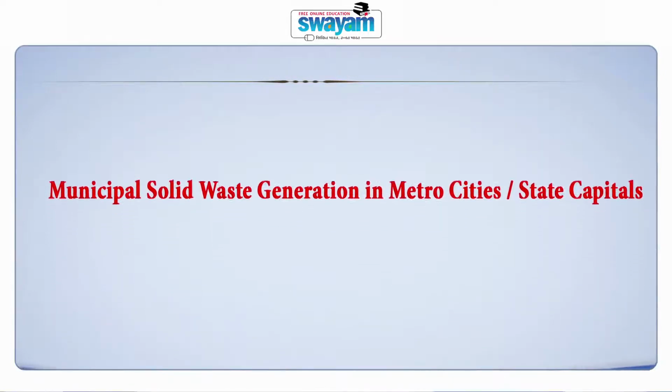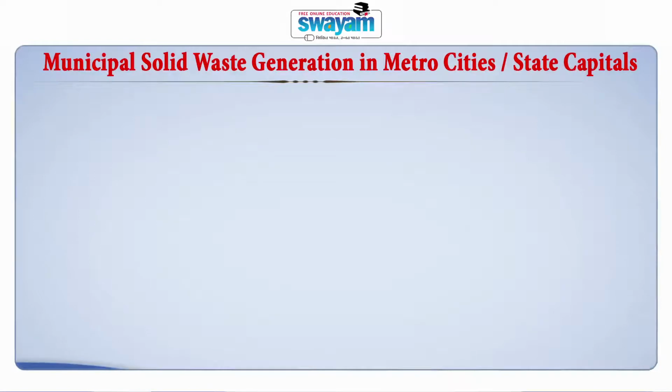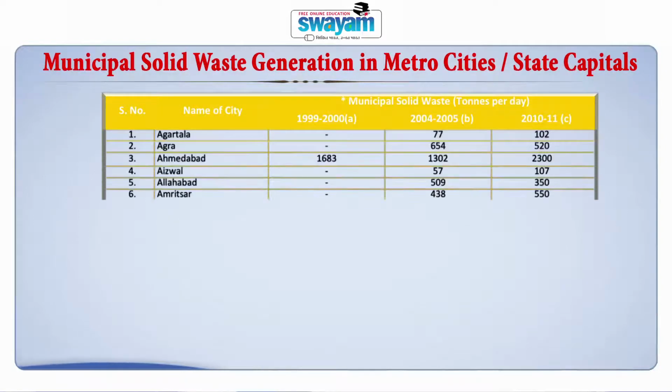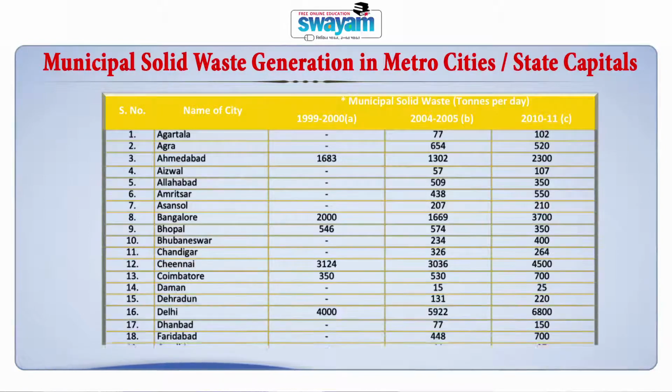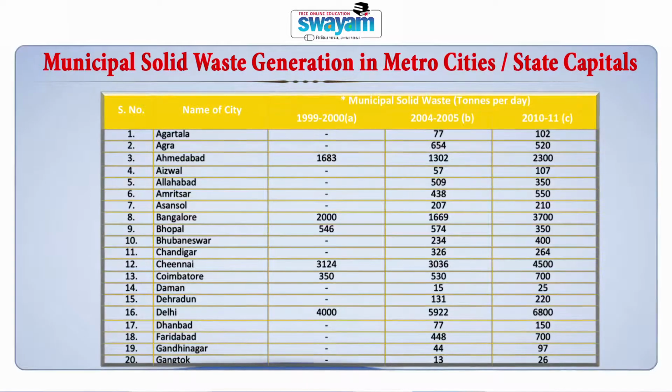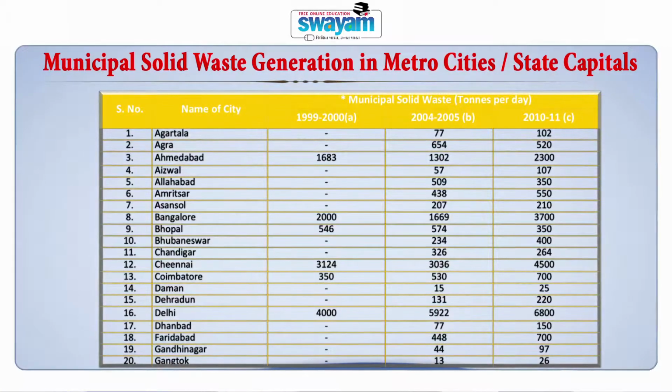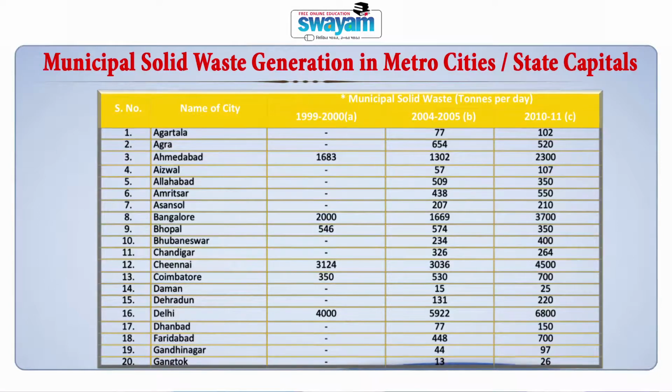Similarly, the CPCB in 2011 has provided a list of cities and the respective municipal solid waste generation for the years 1999 to 2000, 2004 to 2005 and 2010 to 2011.